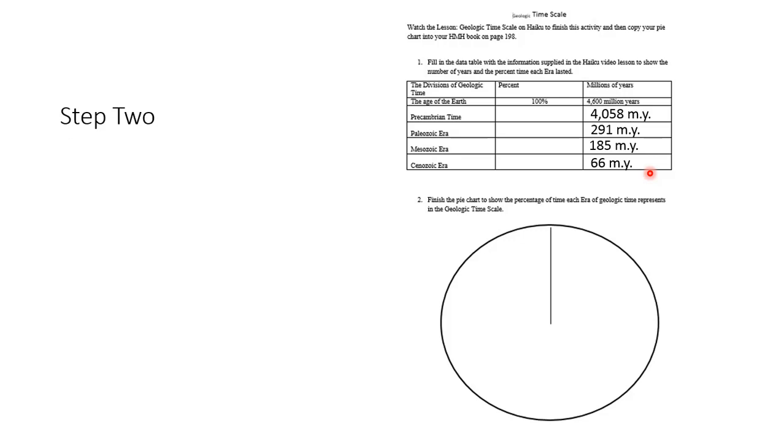Next, step 2, we need to calculate the percentage of time a specific era lasted in geologic time. To do that, we'll start off with the Precambrian era. We take this number, 4,058, and divide it by the total amount of time on Earth, 4,600.